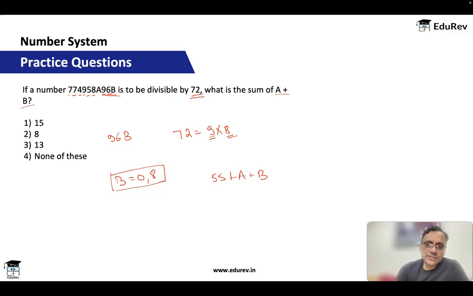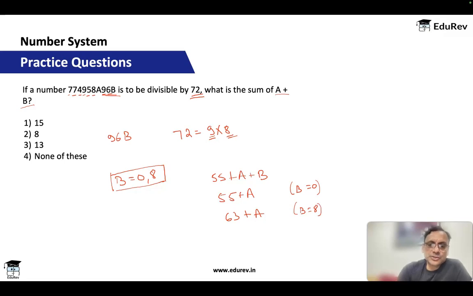Let's take the cases of b as 0 and 8. If b is 0, then it is 55 plus a, and if b is 8, then it is 55 plus 8, 63 plus a. Right? This is the case when b is 0, and this is the case when b is 8.